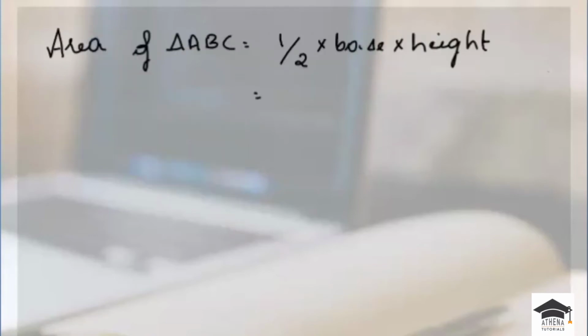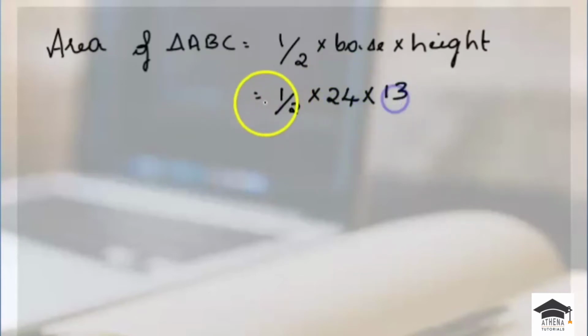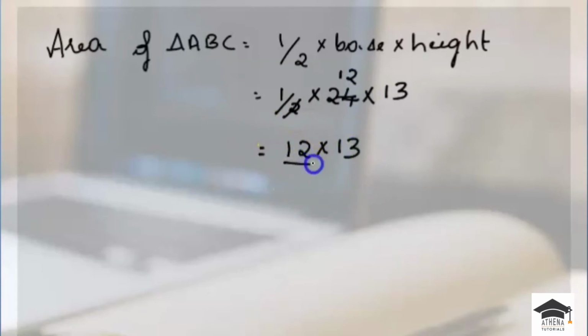Let's substitute it. Half into base, which is 24, and height is 13. Two ones are 2, 12s are 24. So 12 into 13. 3 twos are 6, 3 ones are 3. 1 two is 2 and 1 one is 1.